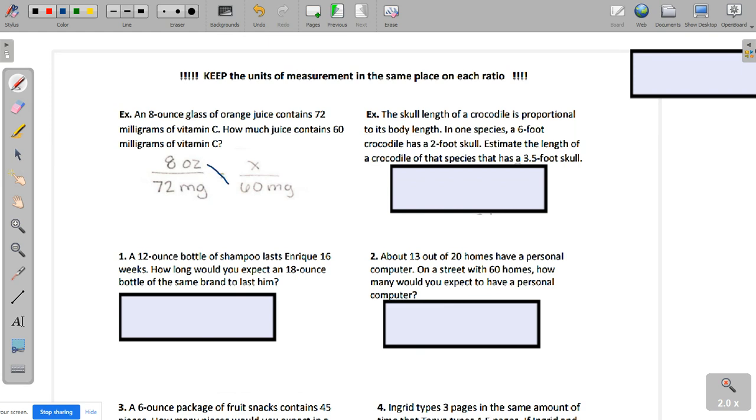We cross multiply. 8 times 60 gives us 480, and then X times 72 is 72X. Divide both sides. So we get X equal to 6.6. And then we give our units, and our units is ounces.